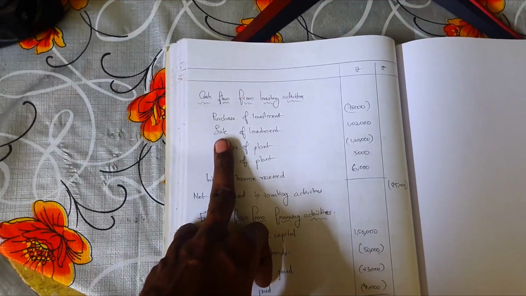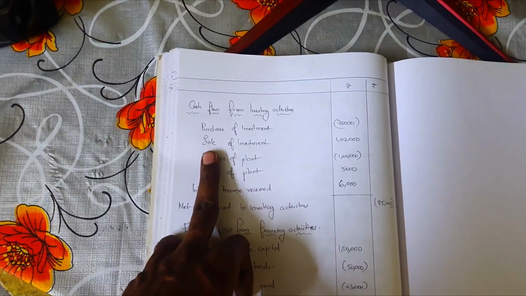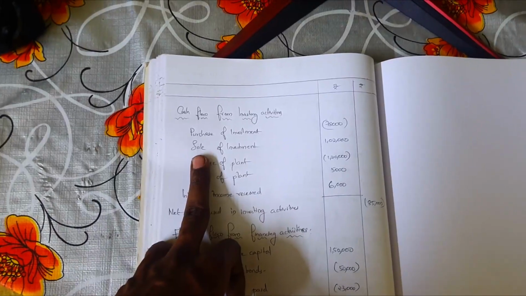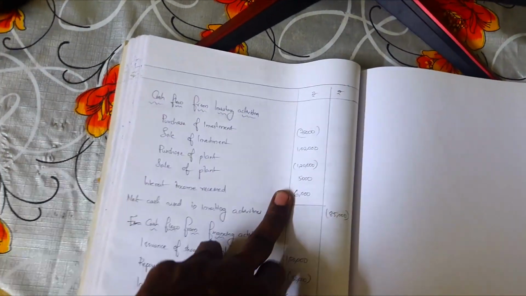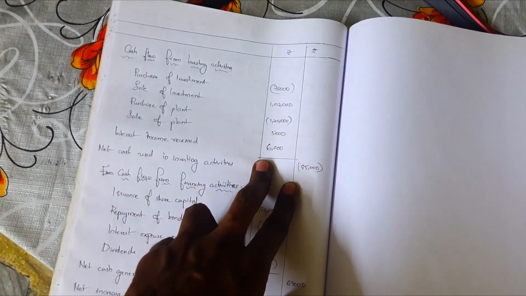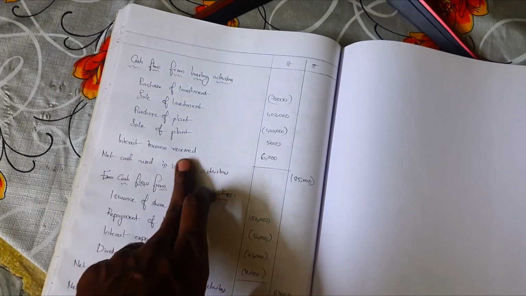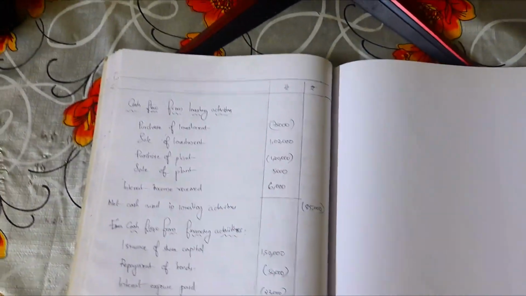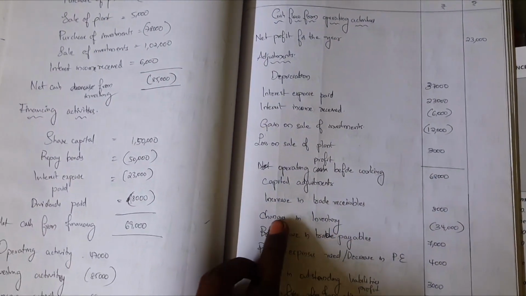When you sell any investment, that shows a positive balance, cash comes in. So after calculating, adding and deducting these, you need to also add interest income received. We already added operating expenses, interest income received and interest income paid.